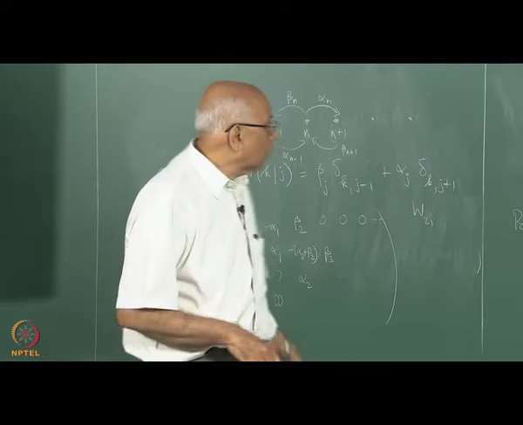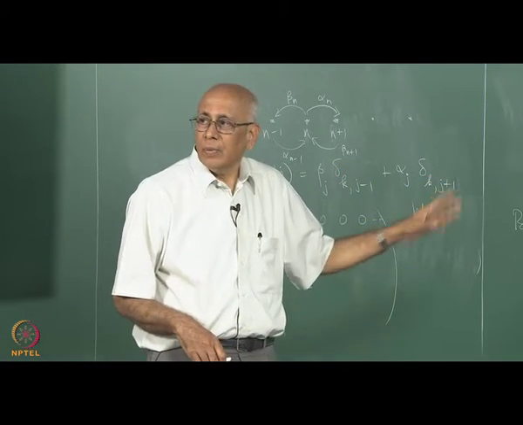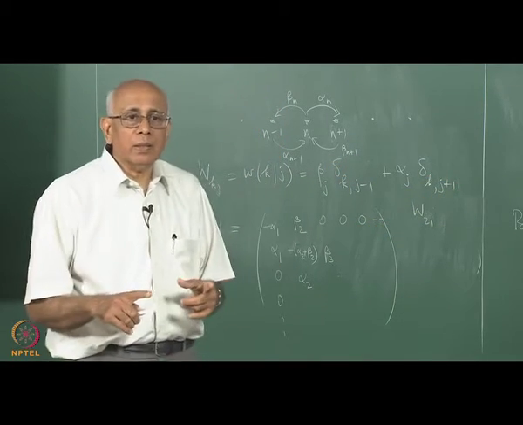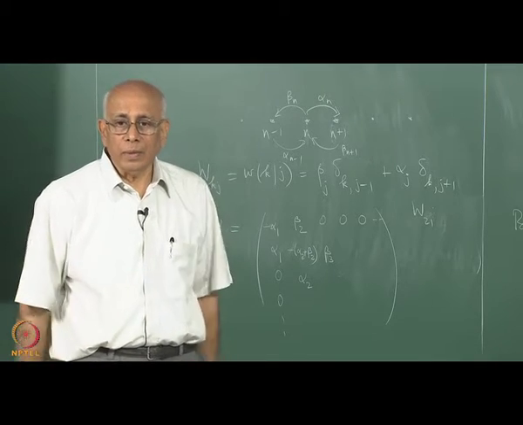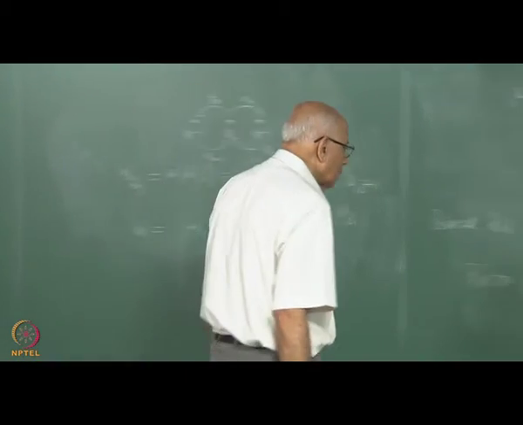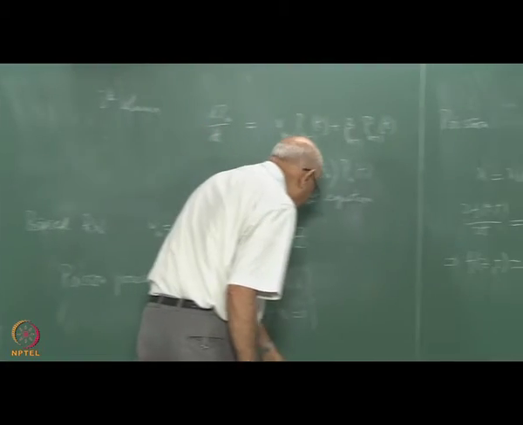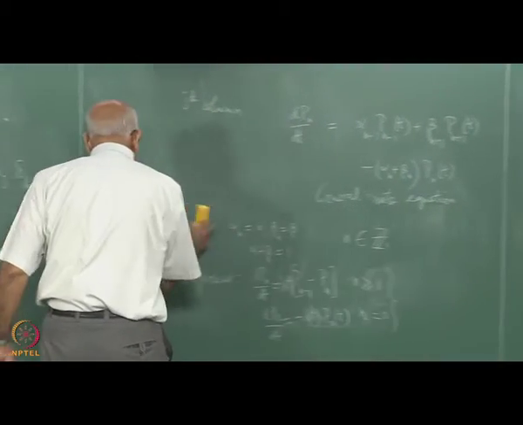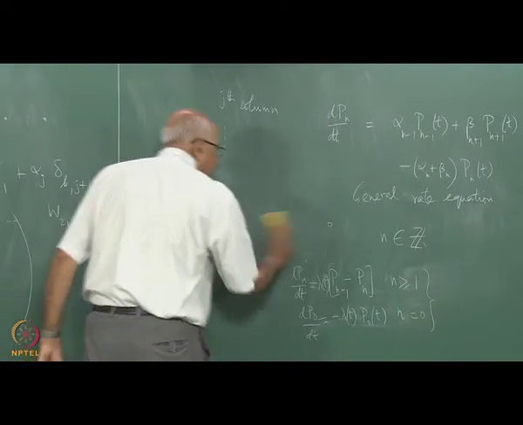That problem would be exactly this kind of rate equation in which the alphas and betas are linearly dependent on n. In fact, that is how Planck originally got the Planck law.